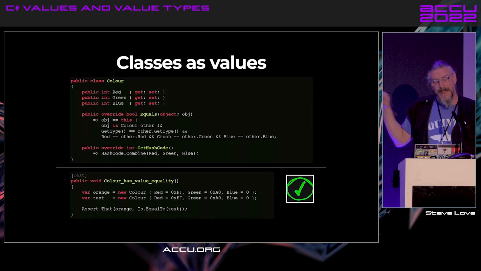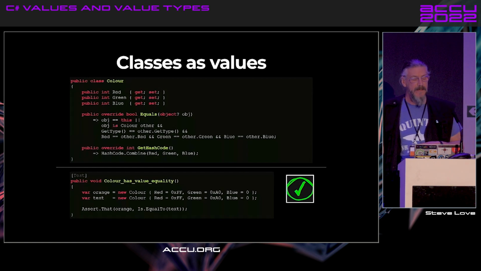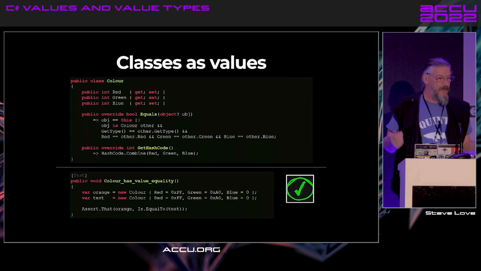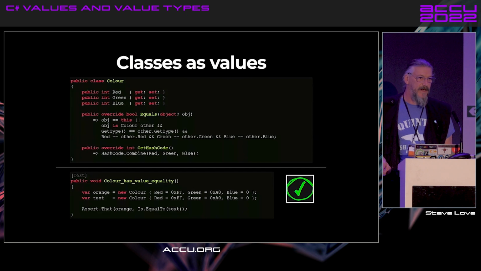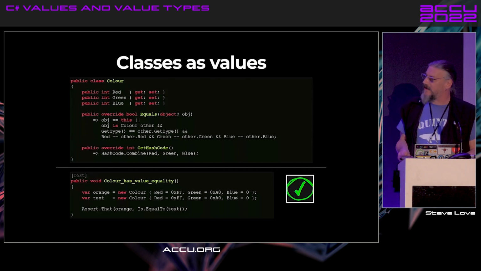Because the is type pattern will also match a derived class, we still need to manually compare the results of calling GetType, which, if you have a sealed class, you don't need to do, because you can't inherit from a sealed class. So we'll get to the sealed class in a moment.